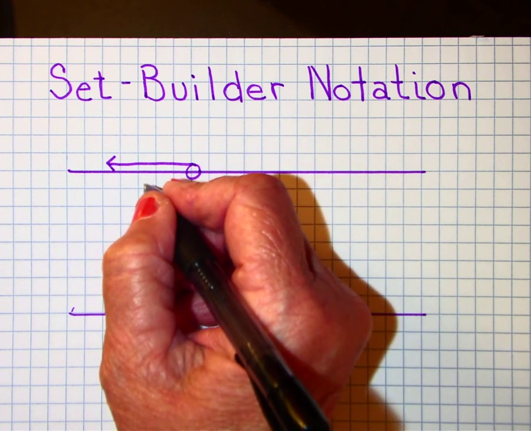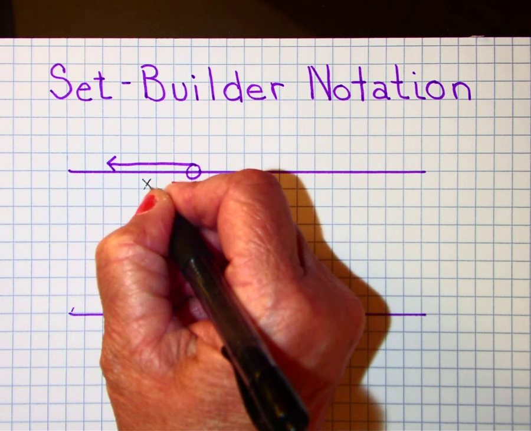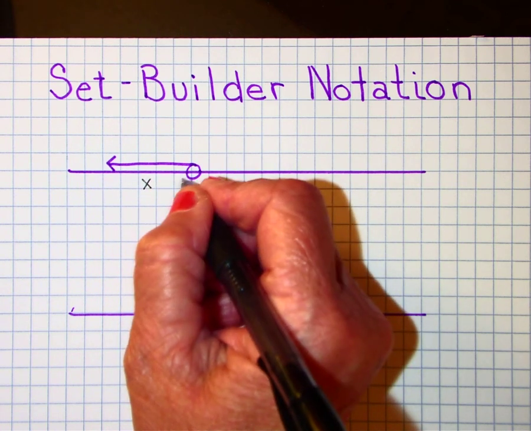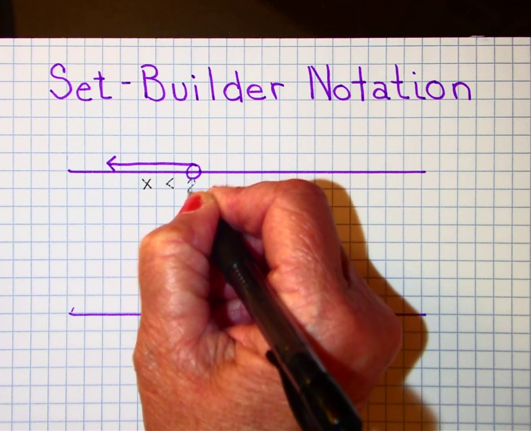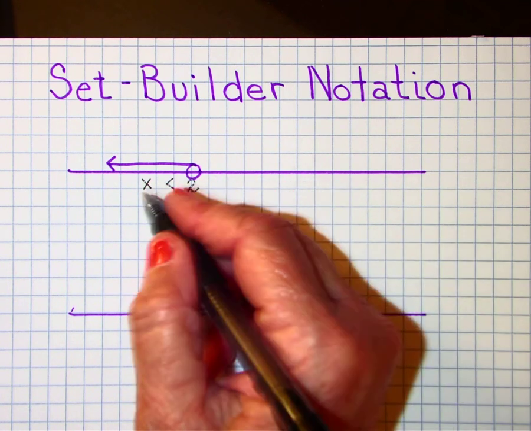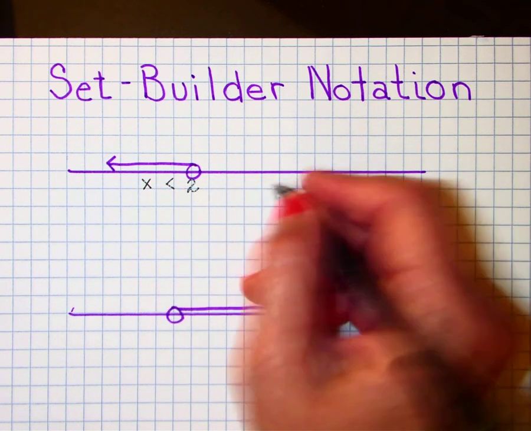When you have this, you're going to make an X here, and you're going to say that X is always going to be smaller than whatever this point is. Let's call it 2. And so in this case, X will always be less than 2.